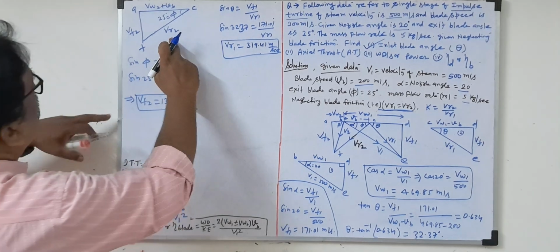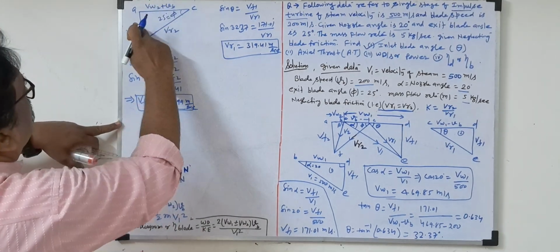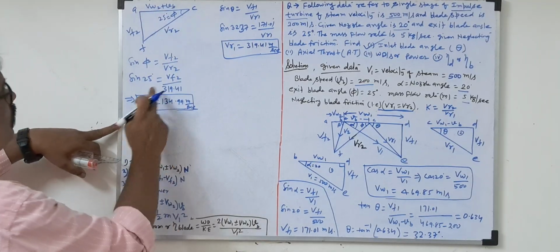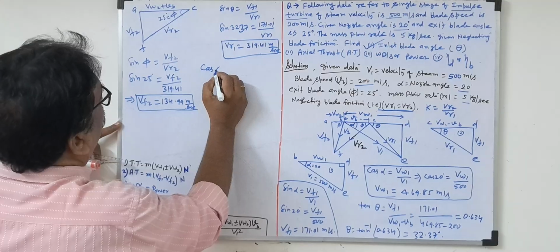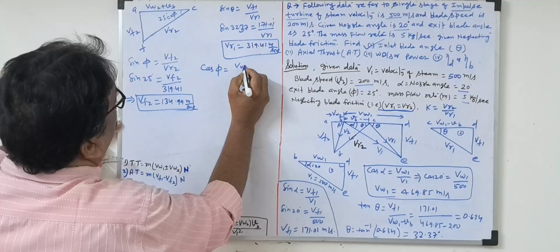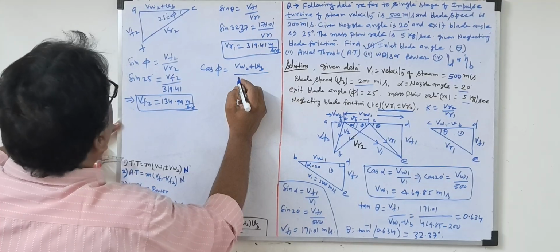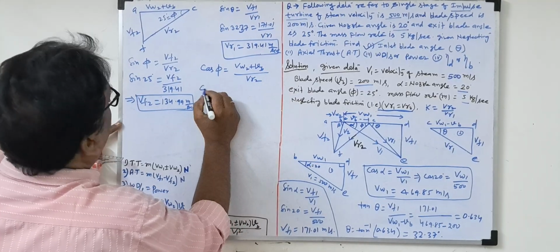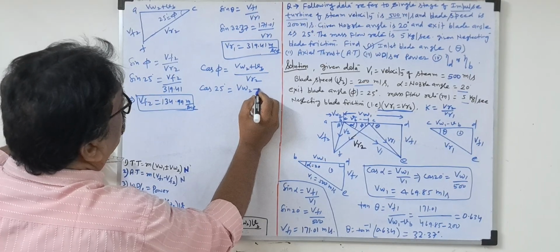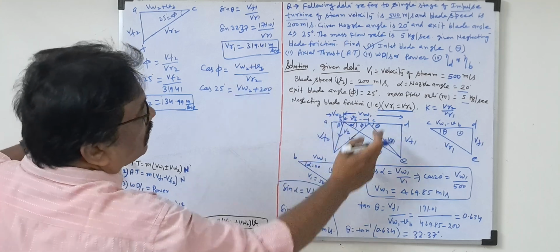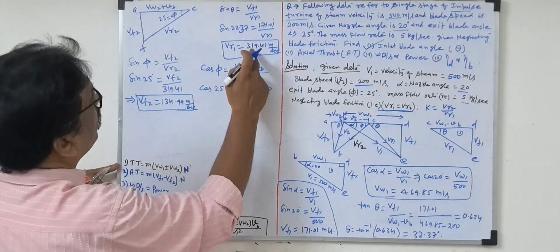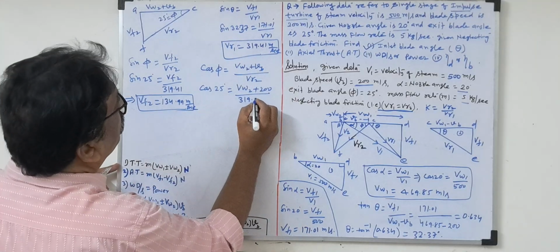Once you know VR2, only VW2 we don't know. So we'll take the relation either tan phi or cos phi, whatever. We'll take cos phi. You can say tan phi also, nothing wrong. Cos phi is B by H, which is VW2 plus VB by VR2. So cos 25 degrees equals VW2 plus VB, where VB is equal to 200 as given, and VR2 we know, VR1 equal to VR2, so 319.41.